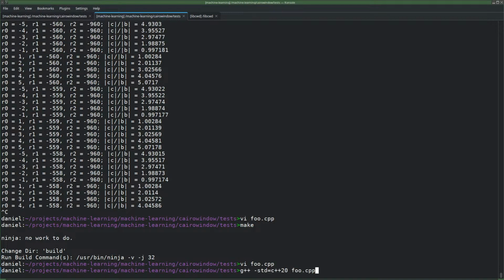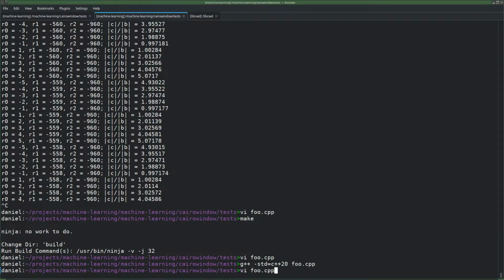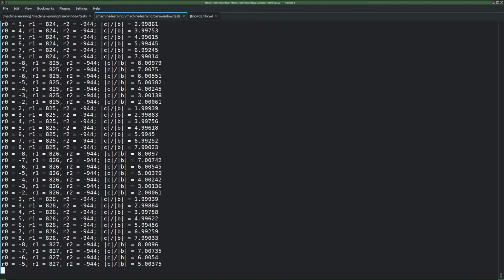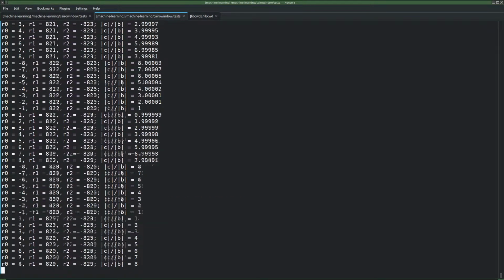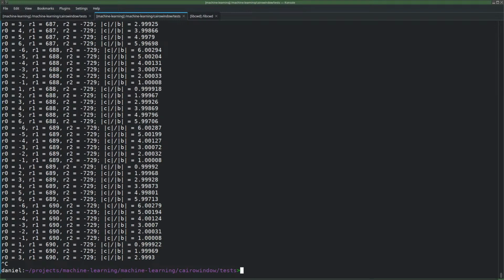Okay, now of course I have to print something else as well.